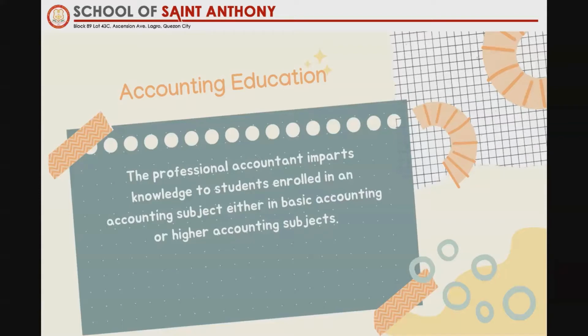Here, professional accountants impart knowledge to students enrolled in an accounting subject, either basic accounting or higher accounting subjects. So here you will see individuals who graduated from accounting and are engaged in the academe, sharing their knowledge with students who might become accountants in the future.